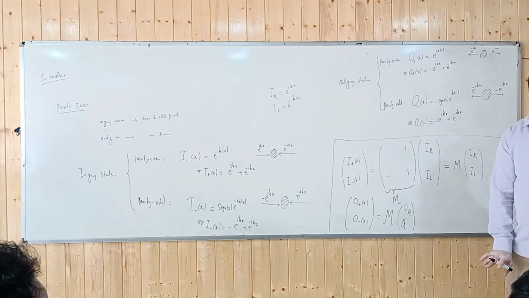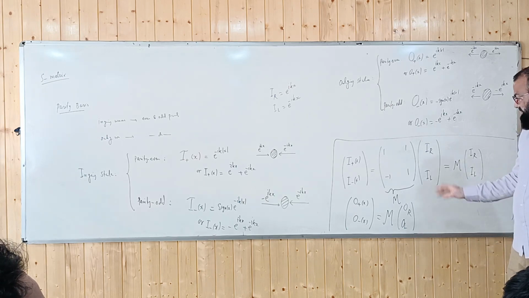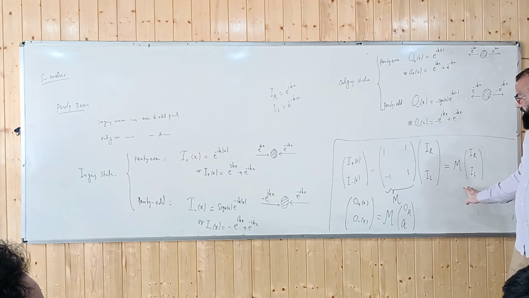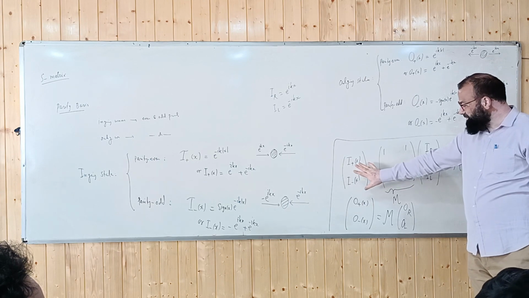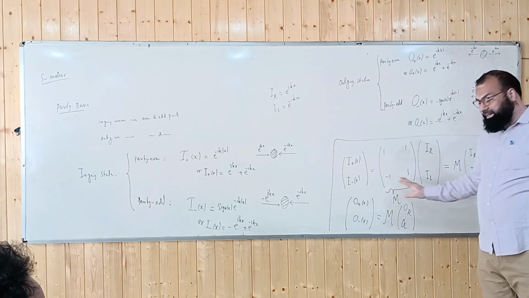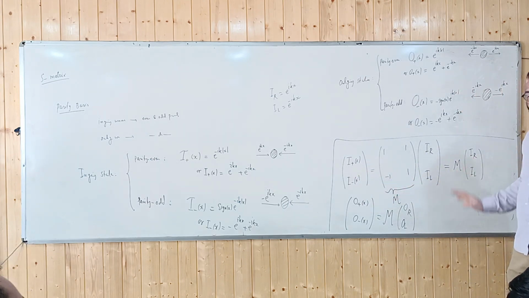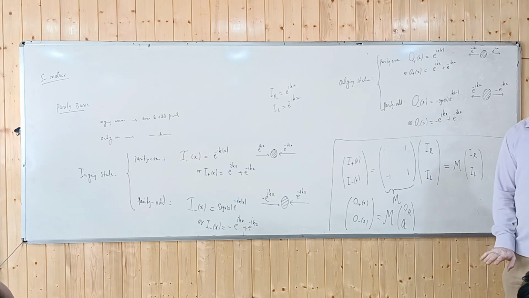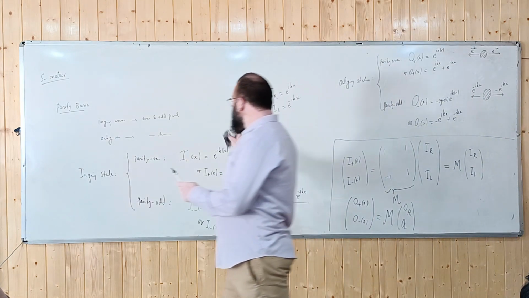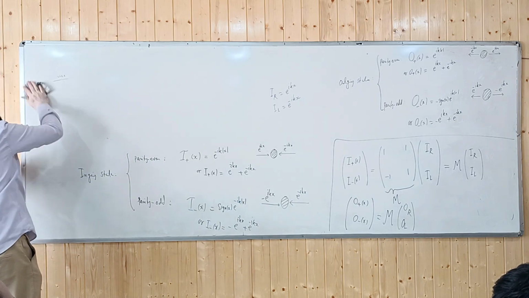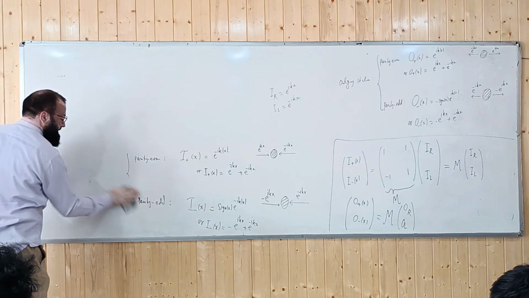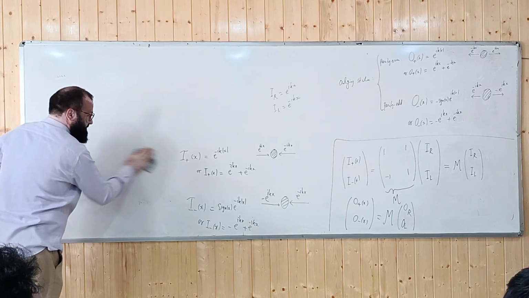So these are actually the relation between the right and left moving waves; this forms the relation for the parity even and parity odd in terms of the right and left moving waves. Got it? So I am simply defining this, and we'll be looking deeply at these things from the examples.